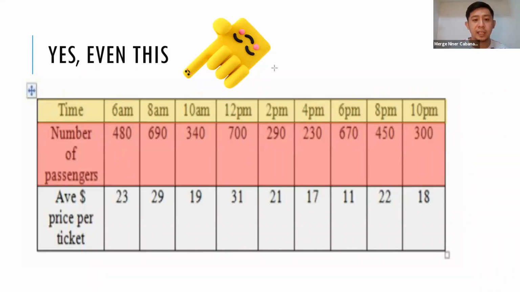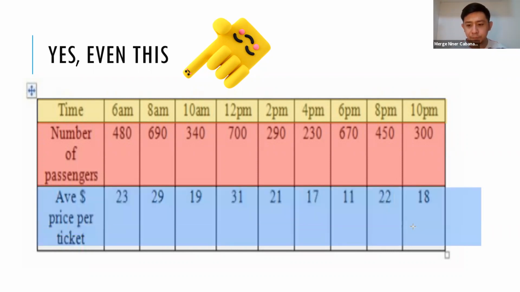And the next data, your average price of a ticket, is being compared from 6 a.m. to 10 p.m. That's the idea.